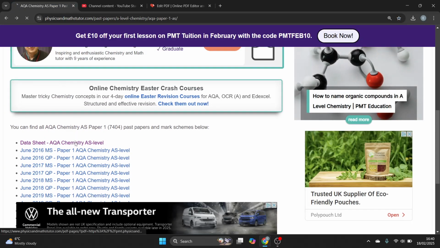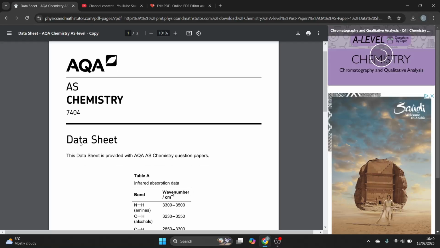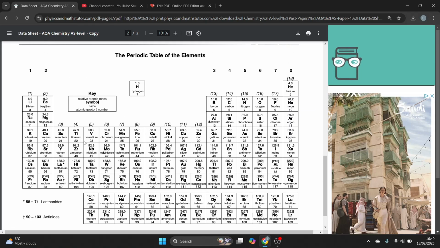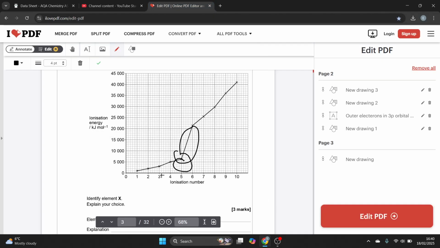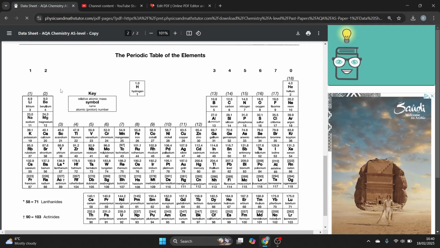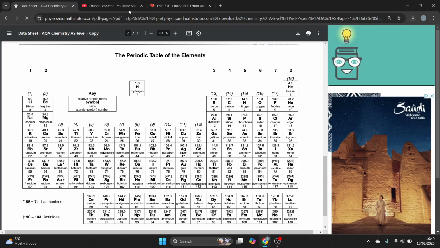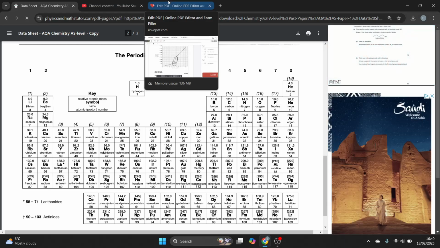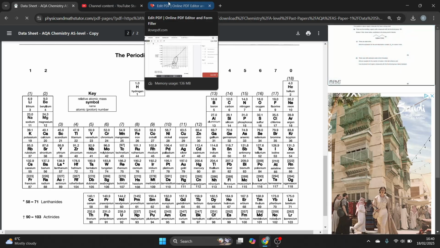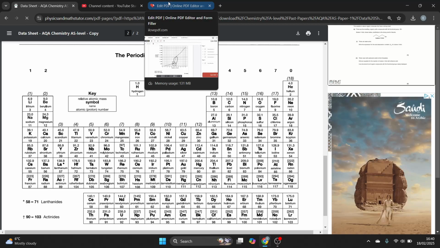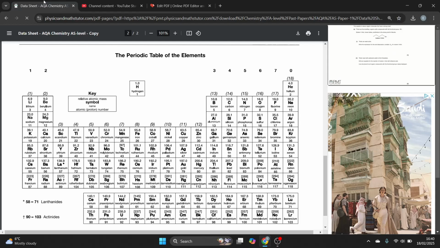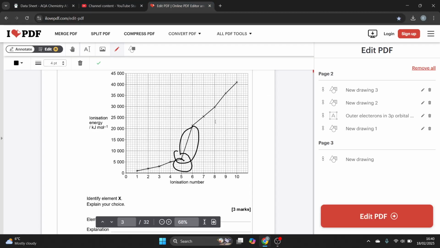So data sheet, phosphorus, no, sorry, that's 5, period 3. Yeah, it's going to be phosphorus.